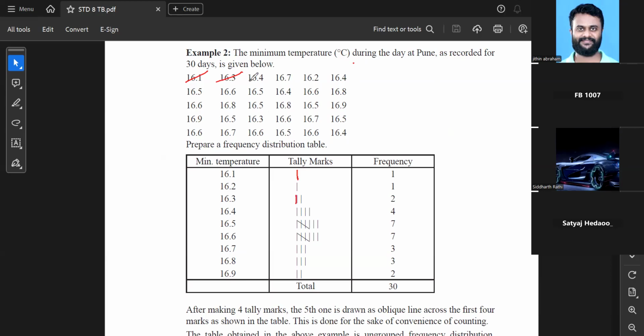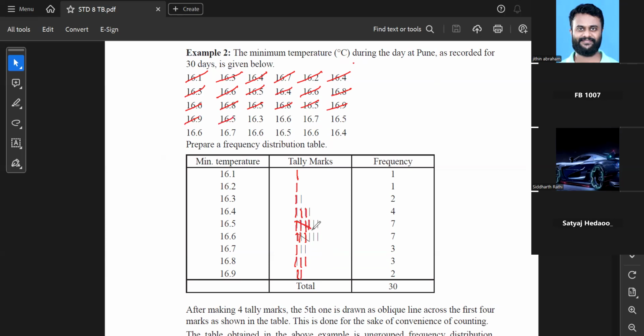It's called a tally mark. 16.4, I'll draw one more tally mark. 16.7, one tally mark. 16.2, again one tally mark. 16.4, one more tally mark. 16.5, one tally mark. 16.6, tally. 16.5, one more tally. 16.4, one more tally. 16.6, tally. 16.8, tally. 16.6, tally. 16.8, tally. 16.5, tally. 16.8, tally. 16.5, tally. 16.9, tally. 16.9, tally. 16.5, cross, because it's a group of five.